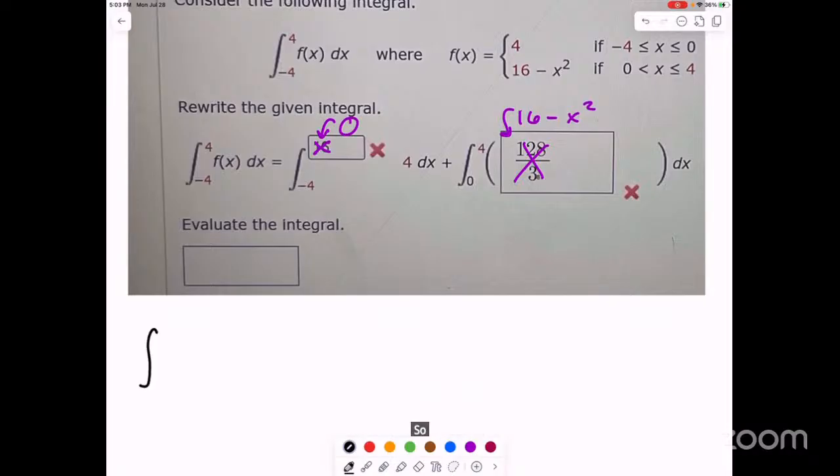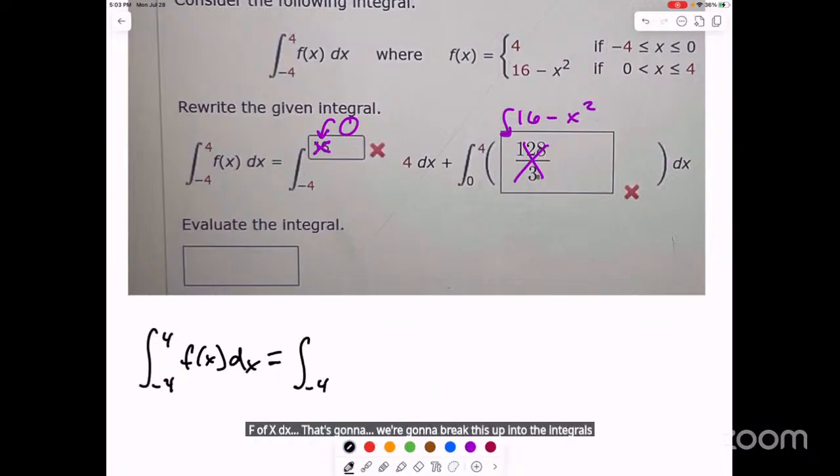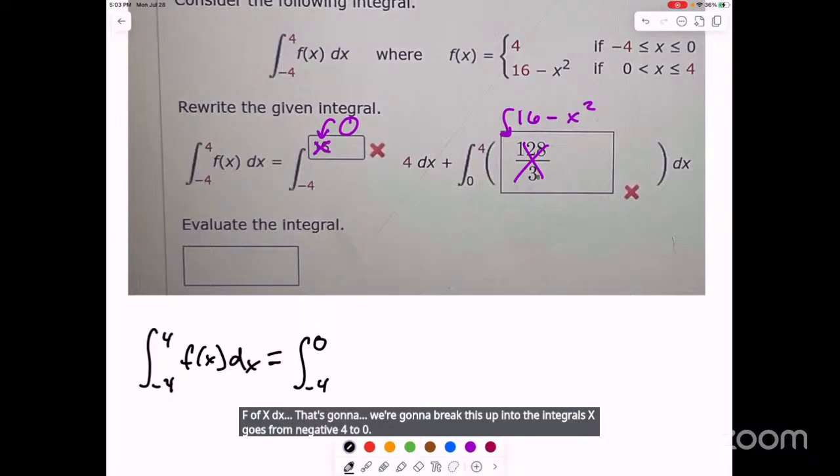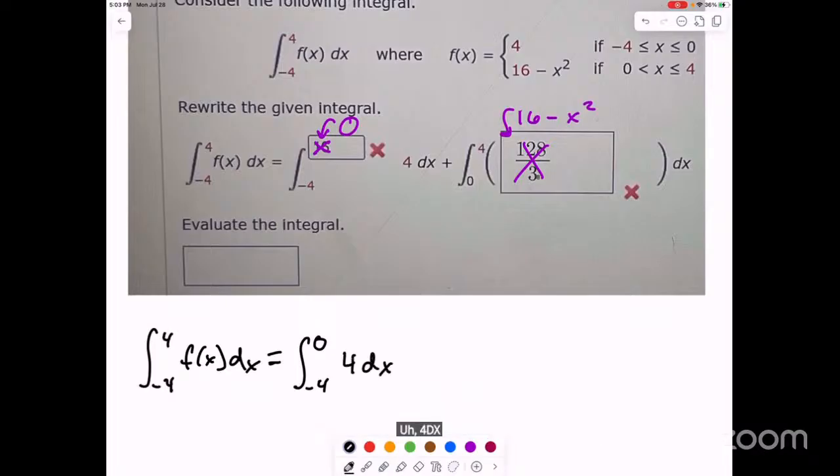If we want the integral as x goes from -4 to 4, f of x dx, we're going to break this up into the integral x goes from -4 to 0 of 4 dx plus the integral x goes from 0 to 4 of 16 minus x squared dx.